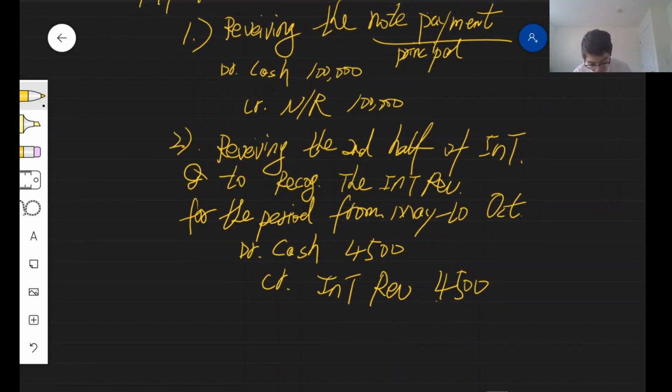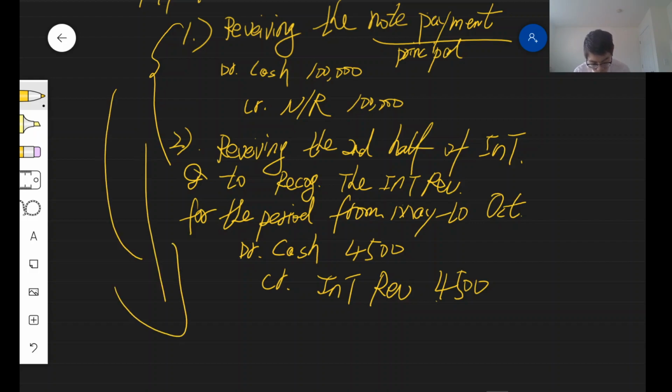see here really these two journal entries, you can make into one single journal entry. So that will be with debit cash in the first one, and in the second one also debit cash, right?